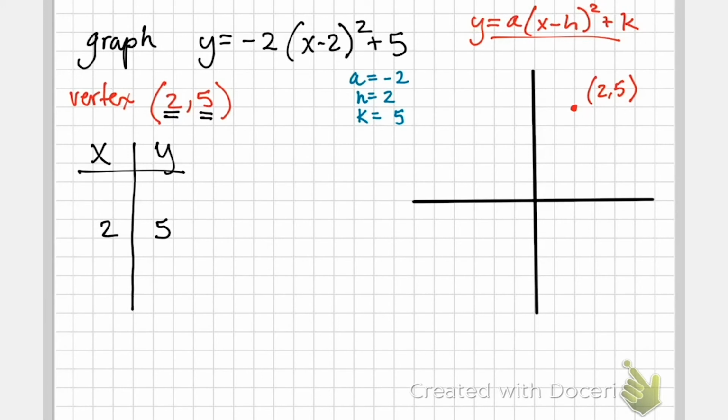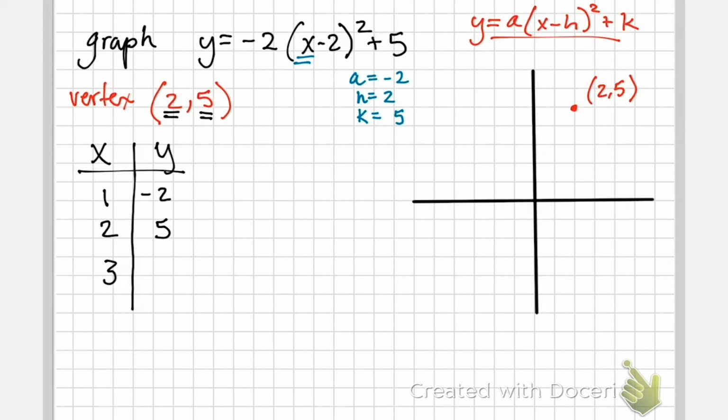So use that and do a point on either side of the x. 1 less than 2 is 1, and 1 more than 2 is 3. So check the values at 1 and 3. You can plot those 2 points and be done. Now remember, when we check the points, we plug them into the equation for x, and we simplify.